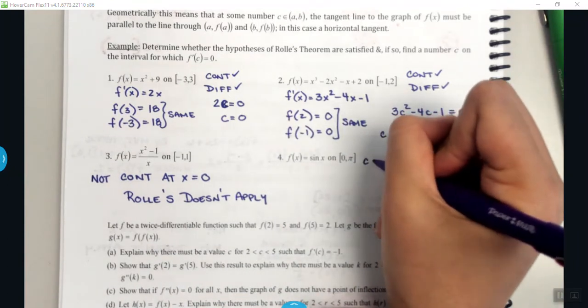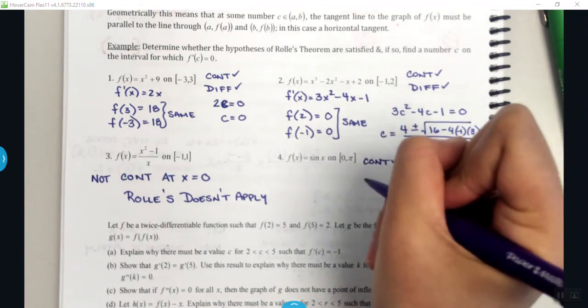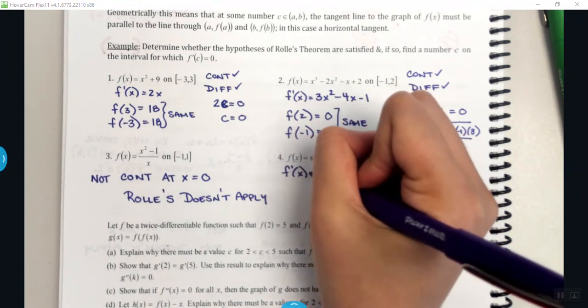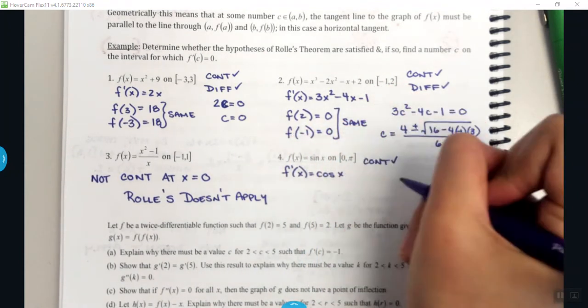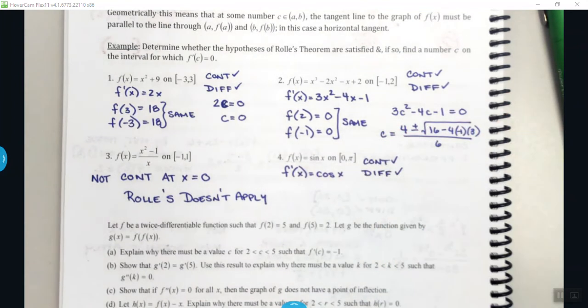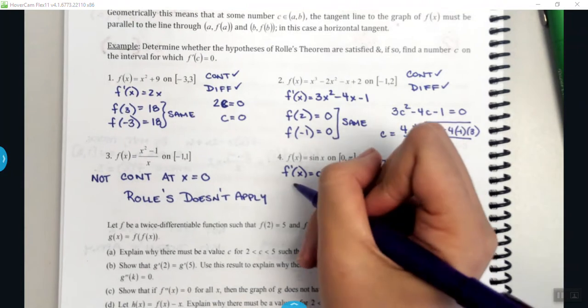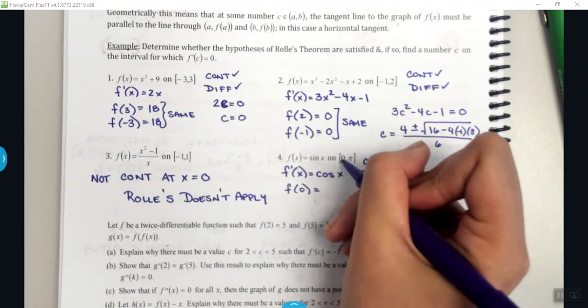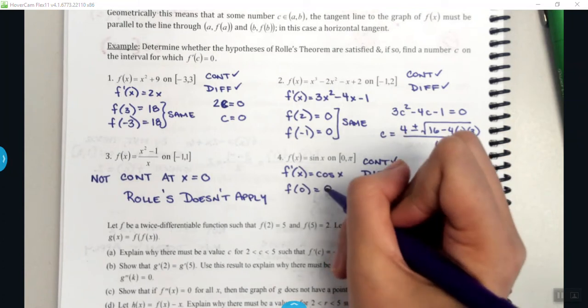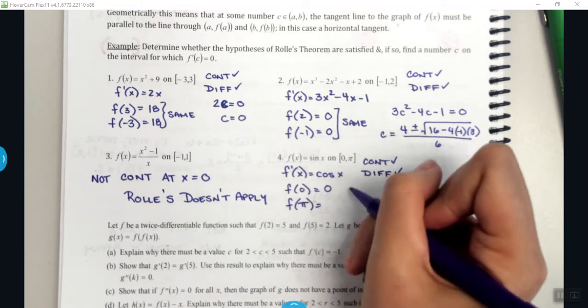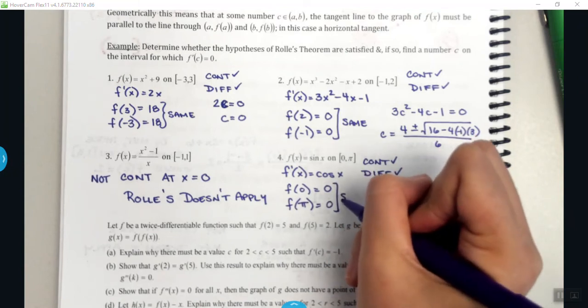Okay, this one's continuous. Checkies. Derivative of sine is cosine. Differentiable, yes. F of 0 is sine of 0, which is 0. F of pi, sine of pi is 0. Samesies.